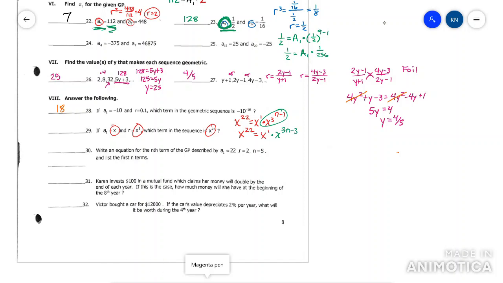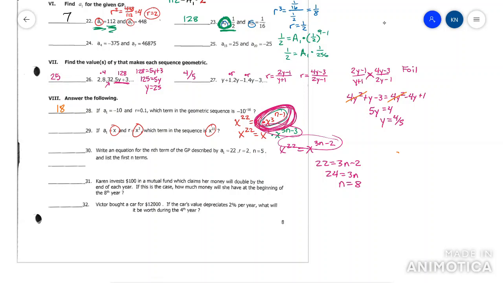And now I would combine these exponents. You're adding them. And now you can set these exponents equal to each other and solve. The key there was distributing that power to the power right from the start. So this one's 8.